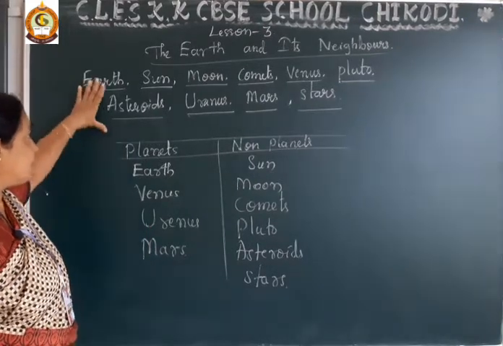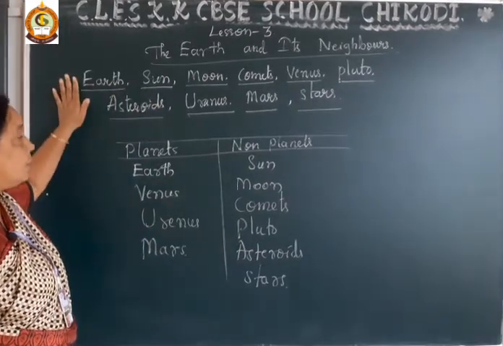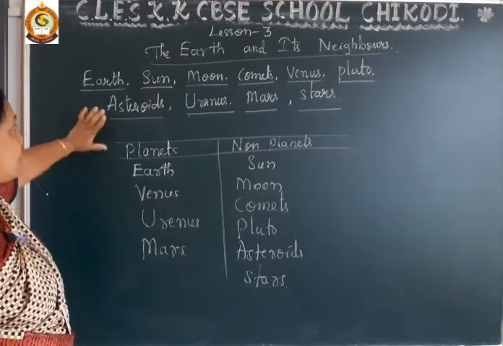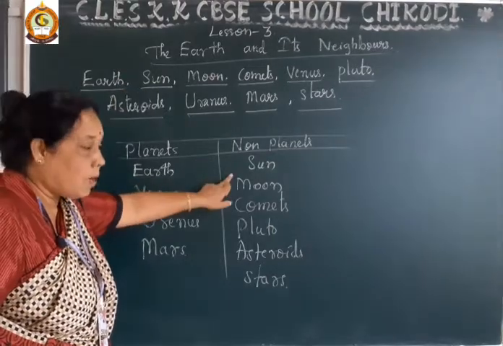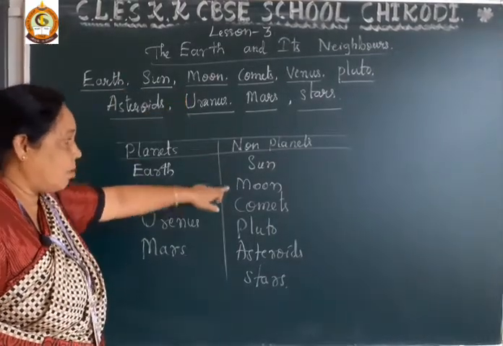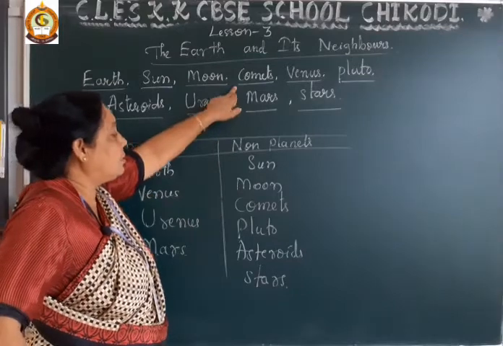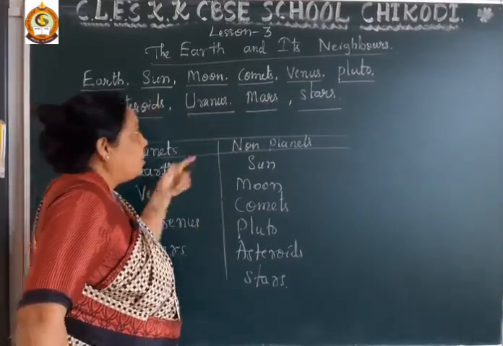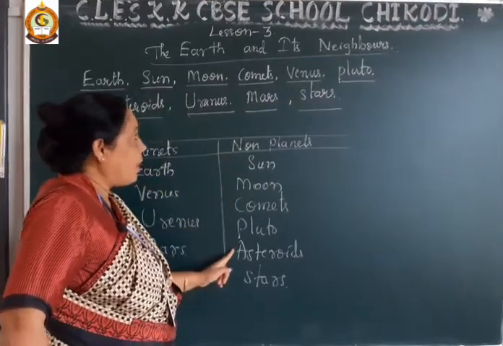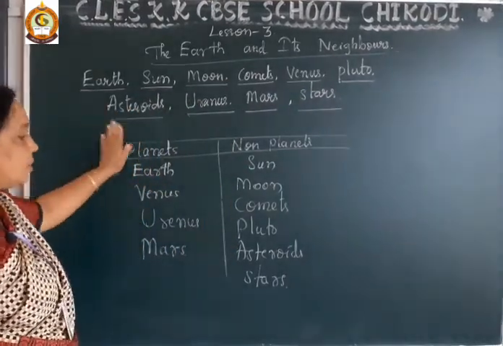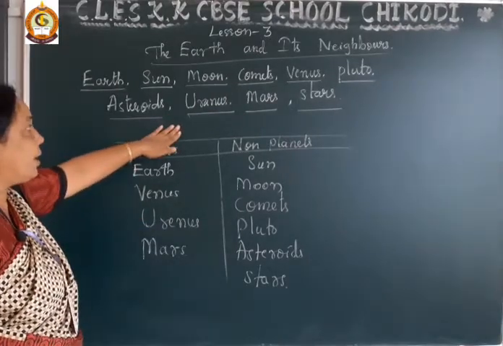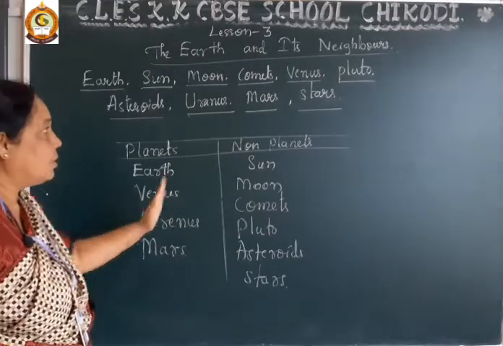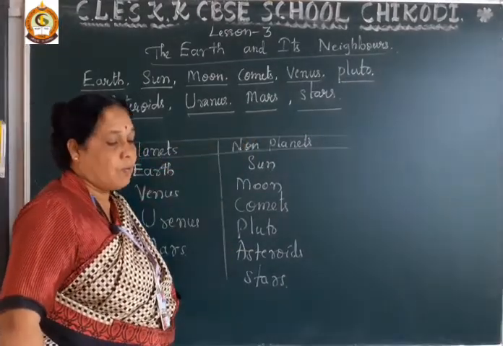Here, some of the words I have given are words of planets and non-planets. Earth is a planet, Sun is a non-planet, Moon, non-planet, comets, non-planet, Venus is a planet, Pluto is a non-planet, asteroids, non-planet, Uranus is a planet, Mars is a planet, stars is a non-planet.